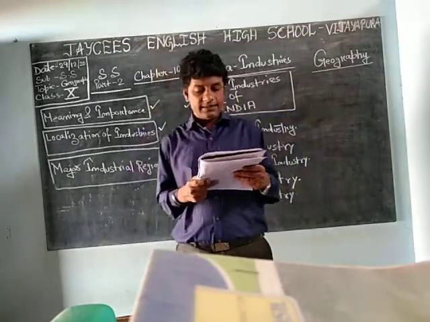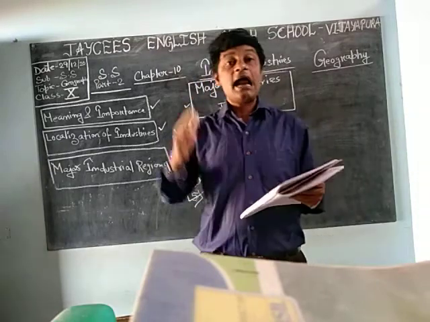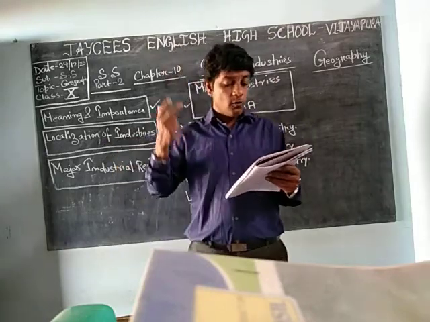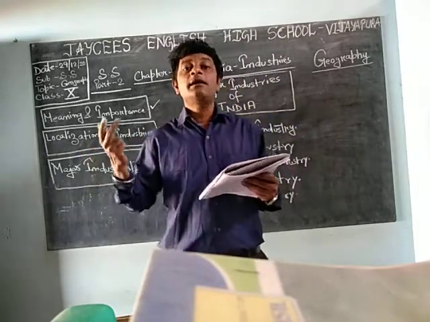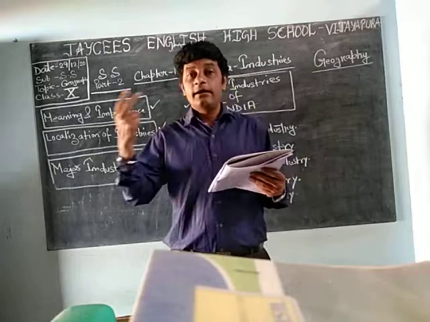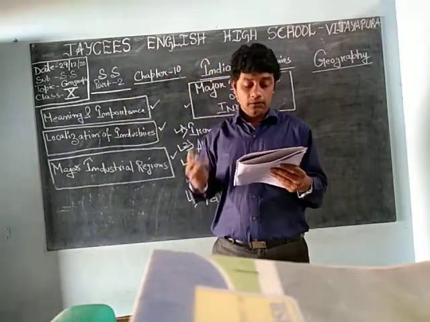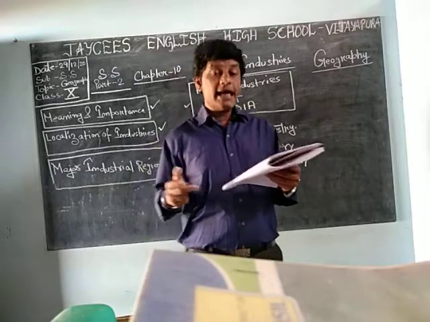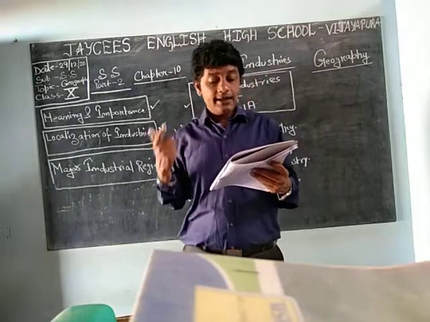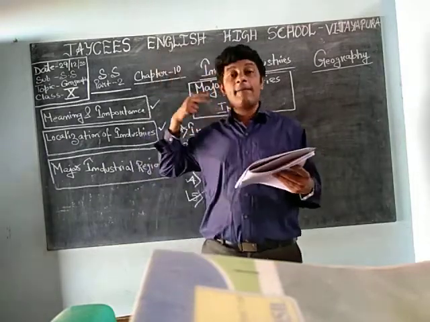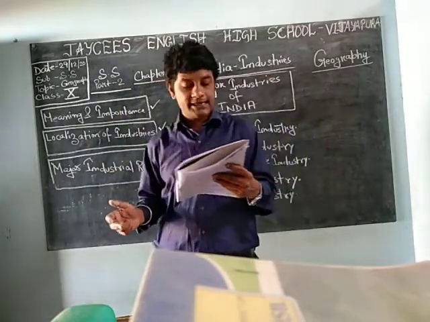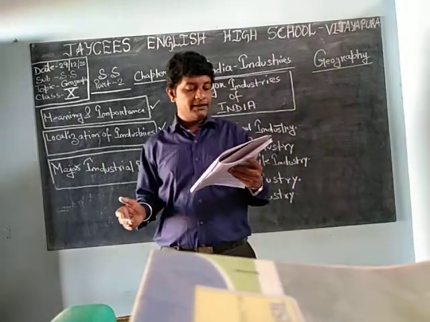Earlier, the paper industry of India was developed in the Hooghly basin of West Bengal. Earlier it had a booming period in the Hooghly basin of West Bengal. In West Bengal, there is a river called Hooghly. In the basin, near that river, many paper mills grew up. But in today's India, it is highly concentrated in a high number of industries in Maharashtra, Gujarat, Uttar Pradesh, Tamil Nadu, Andhra Pradesh, Madhya Pradesh and Odisha.